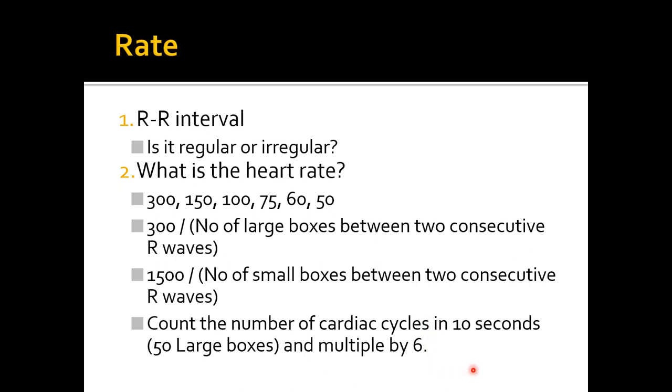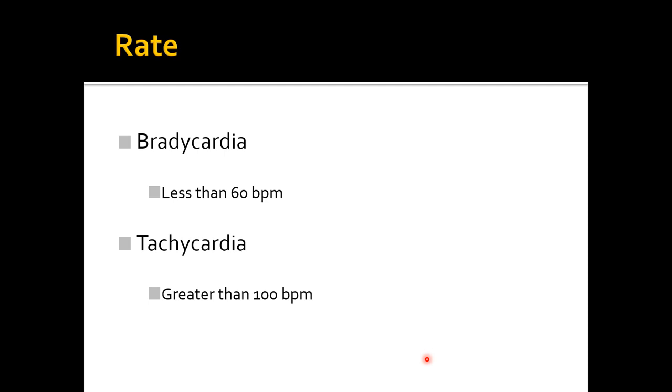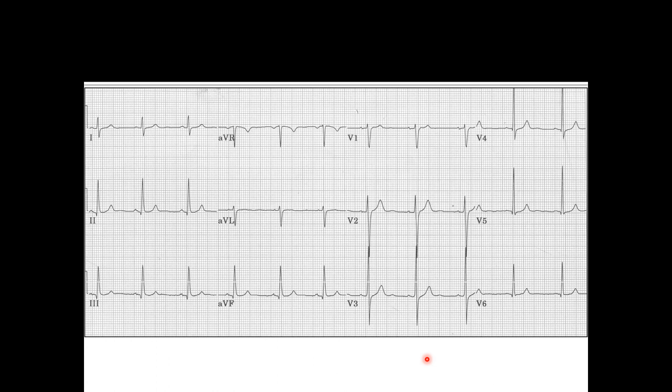Count the number of cardiac cycles in 10 seconds, that is 50 large boxes, and multiply these by 6. So you will get the heart rate of an ECG with an irregular rhythm. Bradycardia is when heart rate is less than 60 beats per minute, and tachycardia is when the heart rate is greater than 100 beats per minute.